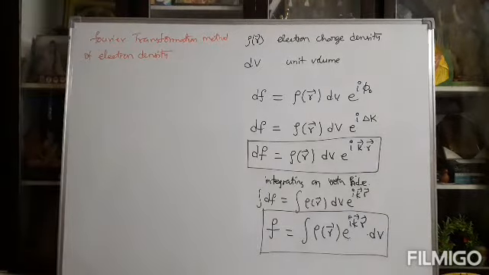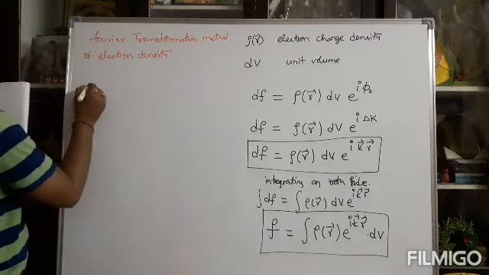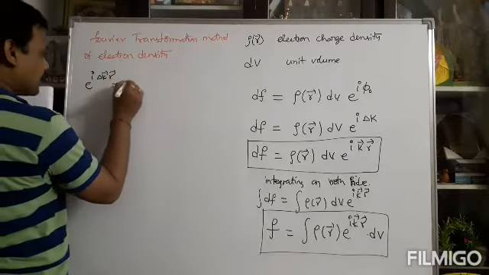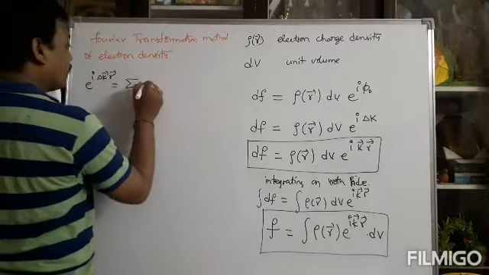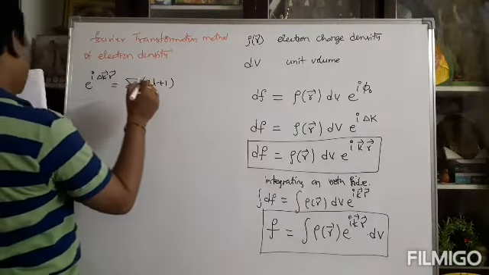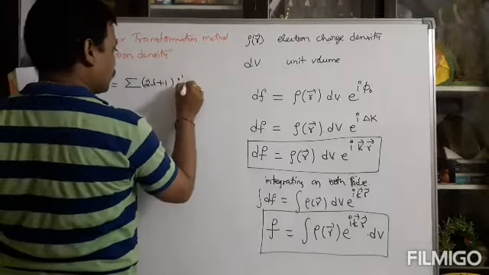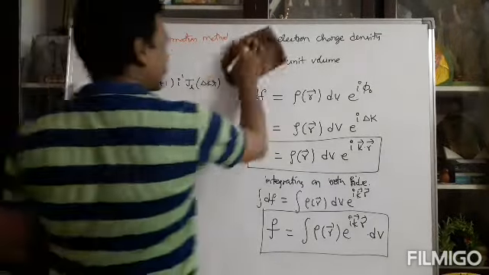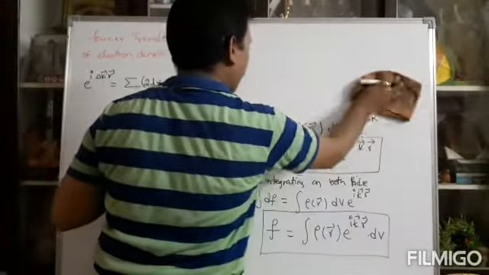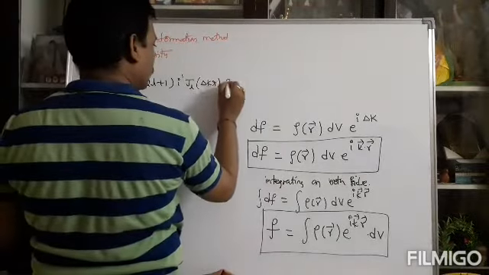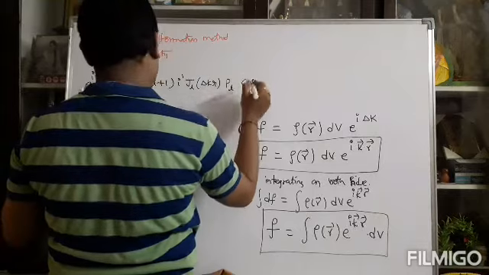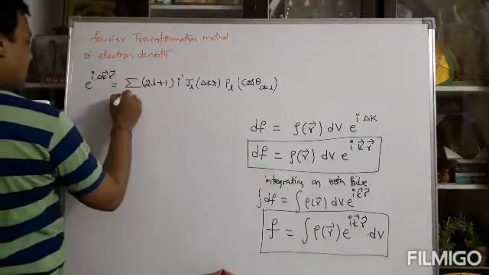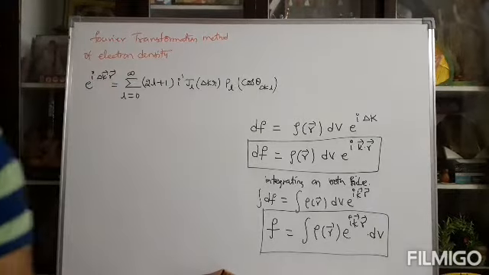That equation can be solved by using the Fourier transformation method. According to the Fourier transformation method, we get e power i into delta k bar into r bar, which can be represented by the summation of 2l plus 1 into i power l, j l of delta kr, into P l of cos theta at delta k r, from l equals 0 to infinity.